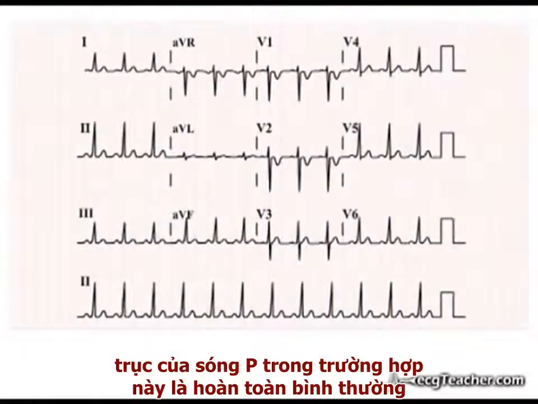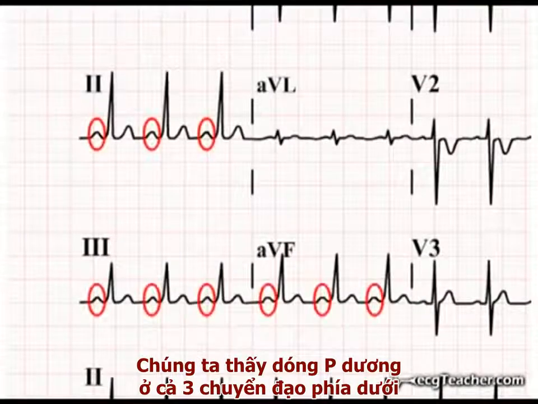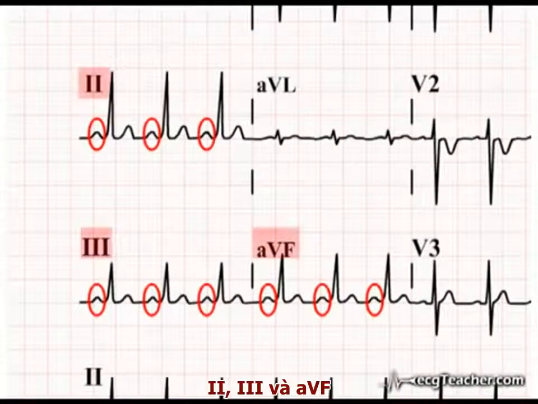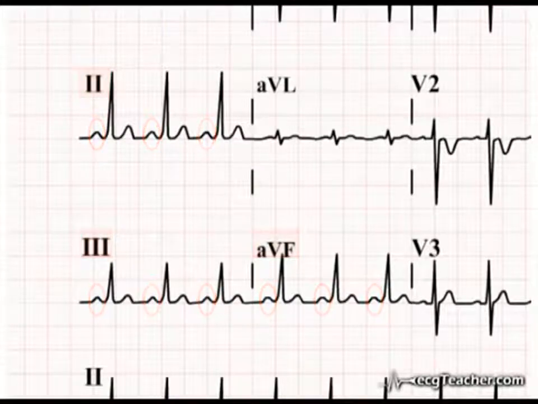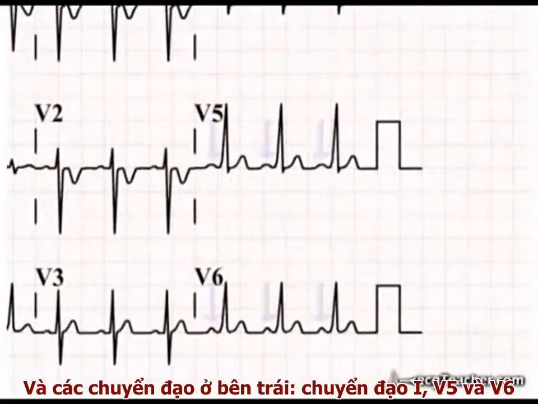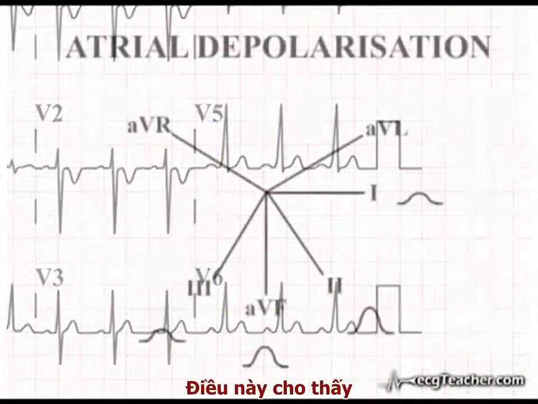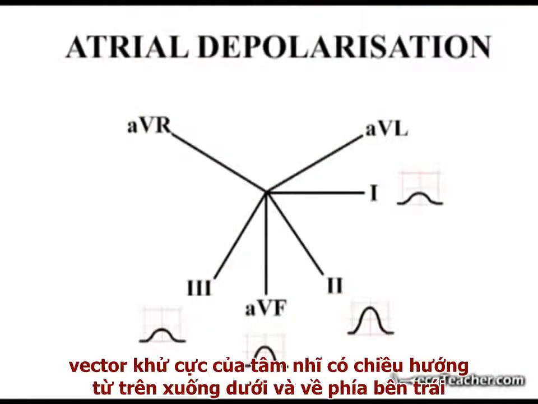In fact, the P wave axis is normal. We find upright P waves in both the inferior leads 2, 3 and AVF and the left-sided leads, leads 1 and V5 and V6. This indicates that the bulk of atrial depolarization is proceeding downwards and to the left.